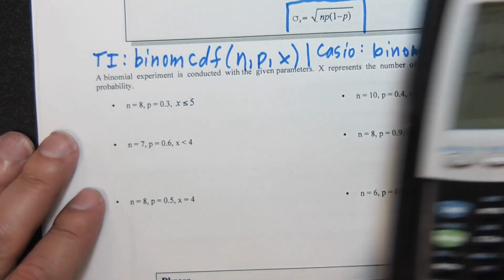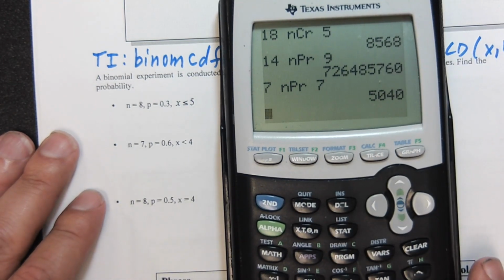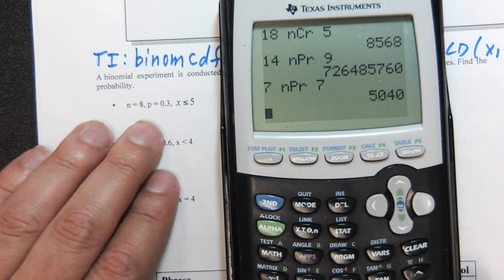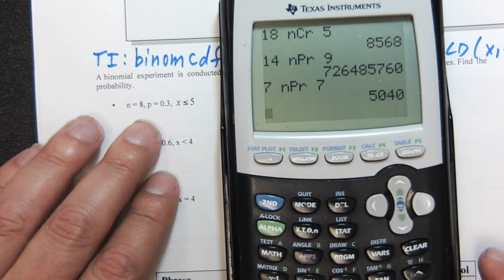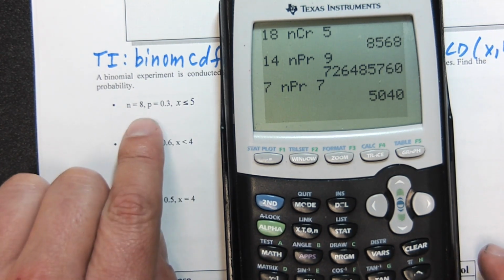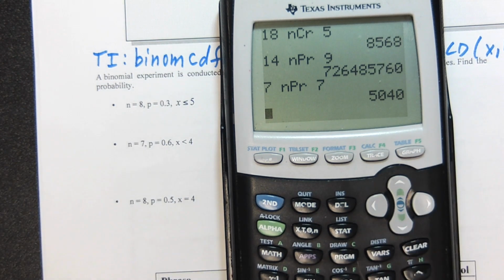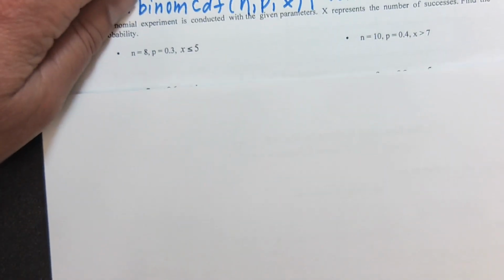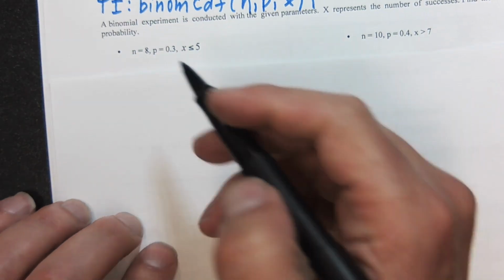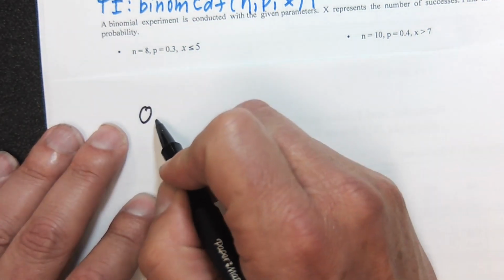So in the TI, I'd like to show how to find this. So here we have our first scenario where X is less than 5, but there's a total of 8. I want to show you what I mean by that. So we have the possibility that there are no successes.